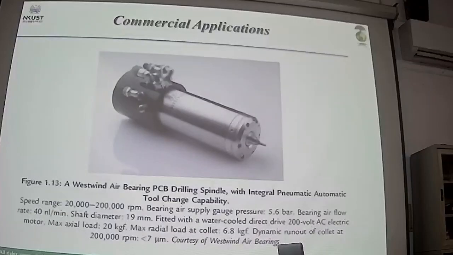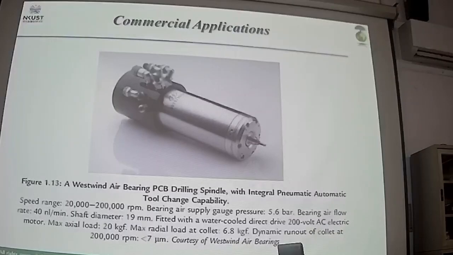And another example is the air bearing spindle for the PCB, printed circuit board for the computer. Okay. Because they need to drill small holes in order to connect the different circuits in your PCB board.